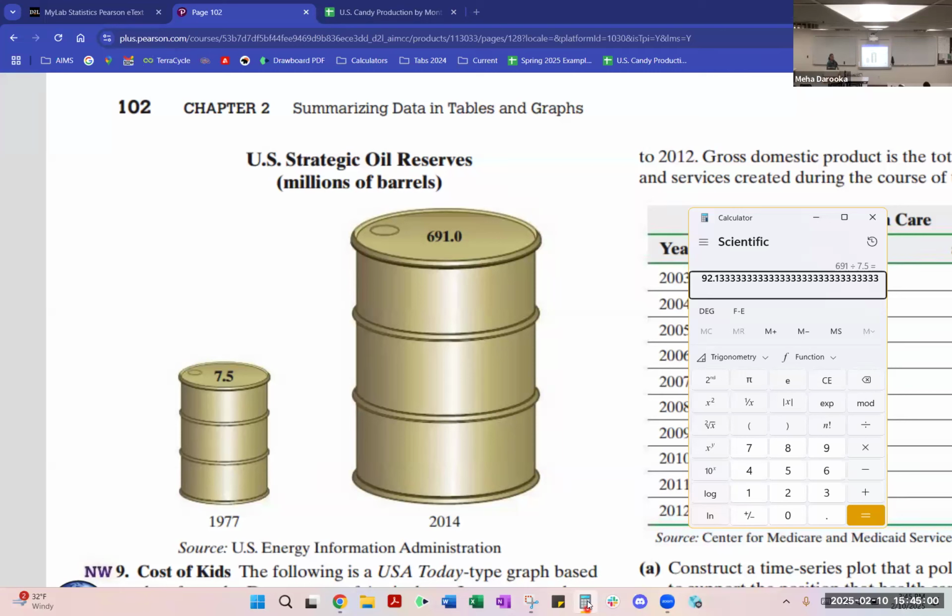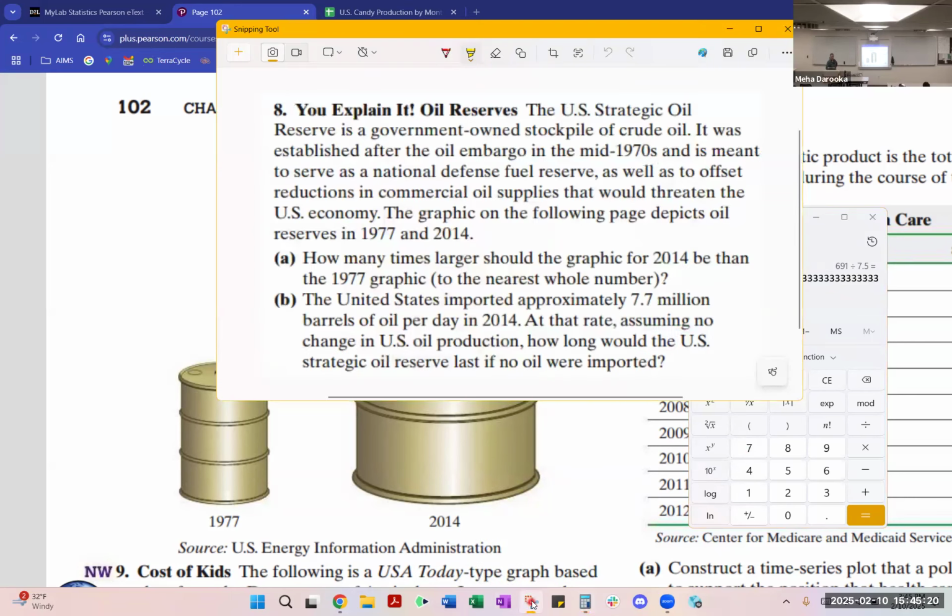So actually the 2014 graphic is very small compared to the difference in capacity, right? Going from 7.5, the other end would be to make that 7.5 a dot, as minuscule as possible if you wanted to keep the 691 where it's at. So you can definitely see we're not evenly showing the growth.